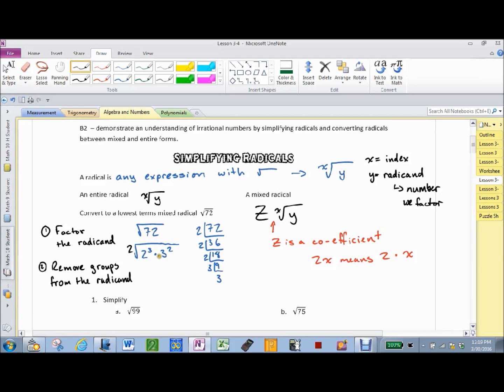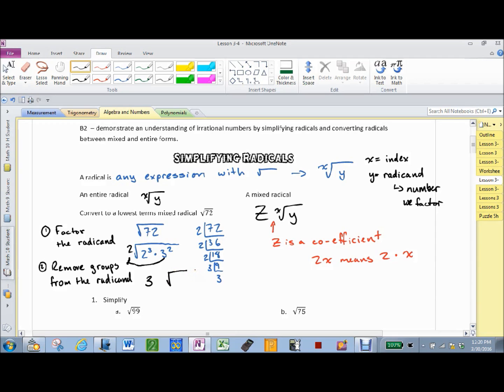Look under that radicand. Do I have any groups of 2? Three squared. There's 2 3s there, isn't there? So that means I can take out a 3. So I'm going to take that 3 out here. So now I've got 3 root something.